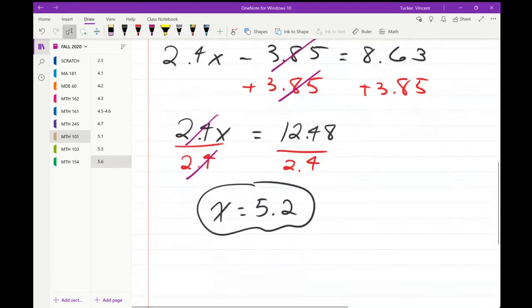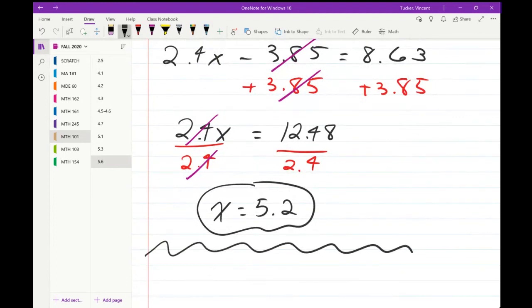And so like I mentioned before, you're solving these the same way we solve the regular equations. It's just that these have decimals involved.